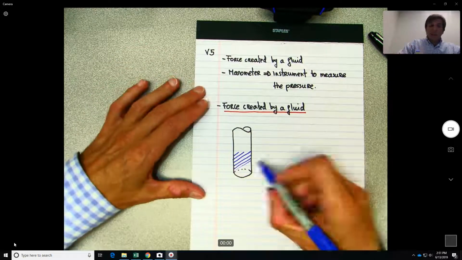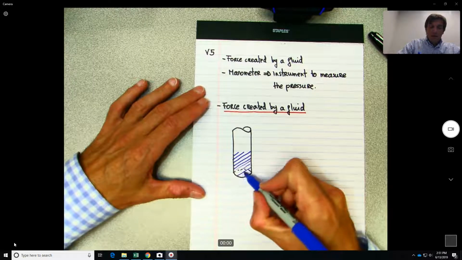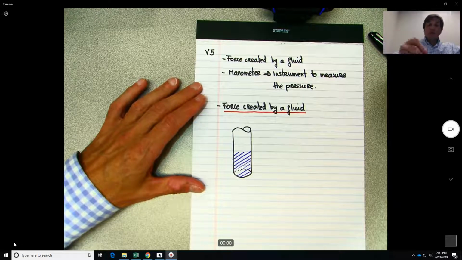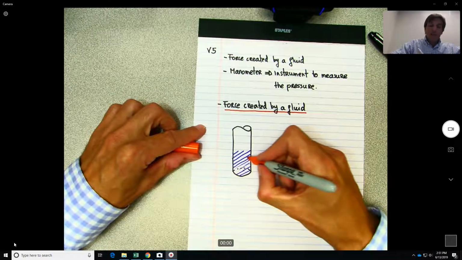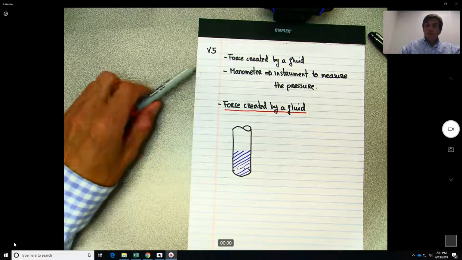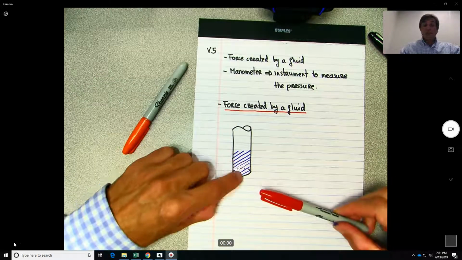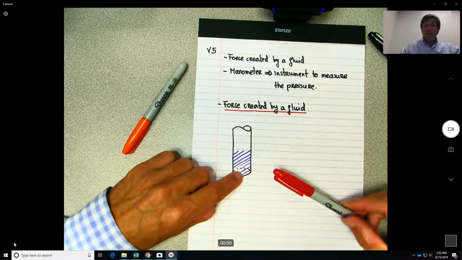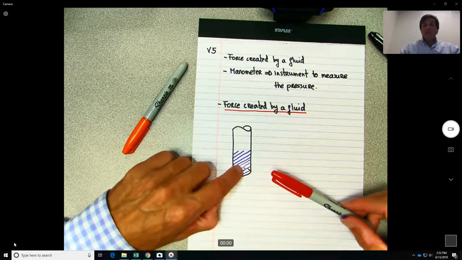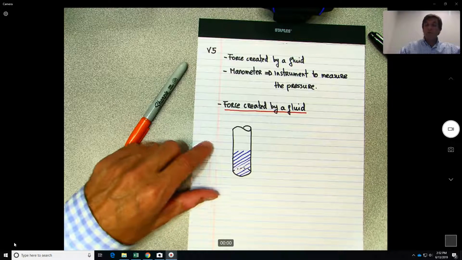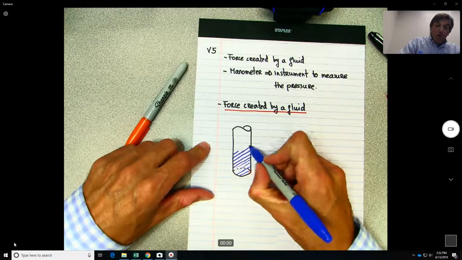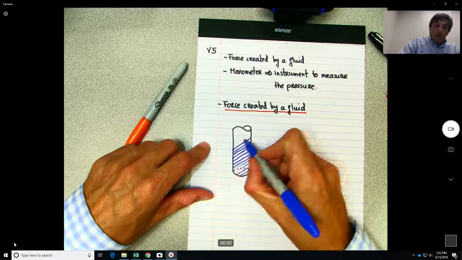So agree with me that then the specific weight or the specific gravity of the water is going to create some weight on a membrane over here, and that membrane will have to withstand whatever force or weight is created by the fluid. So obviously the more fluid you have, the bigger that force.